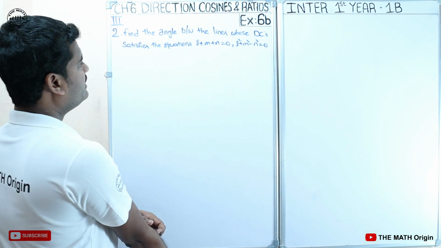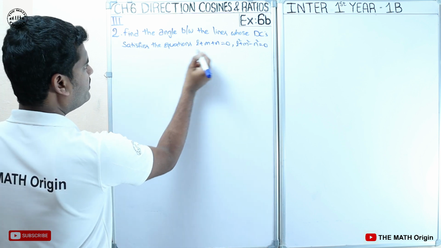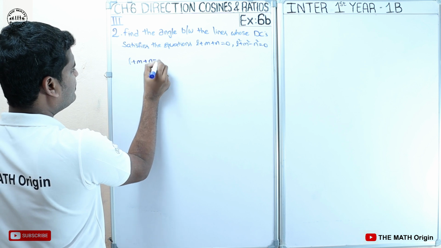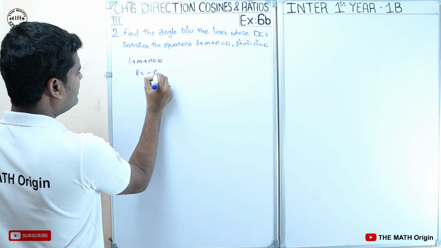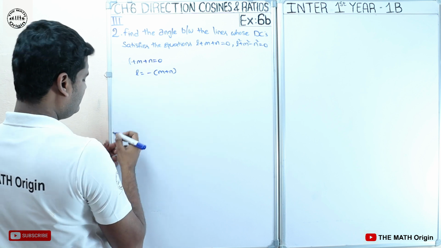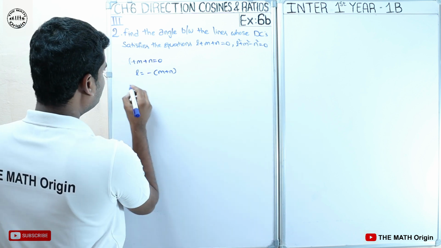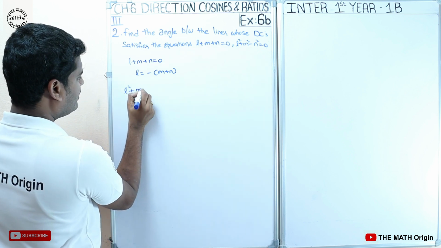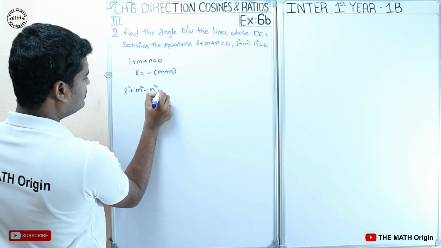Okay, let's jump into the problem. The given first equation is L plus m plus n equals 0. I will take L equals minus of m plus n. Now the next equation is L square plus m square minus n square equals 0.